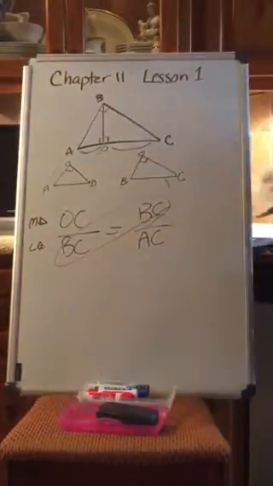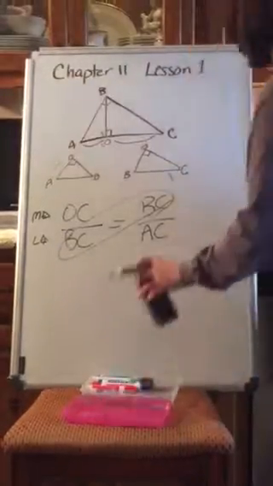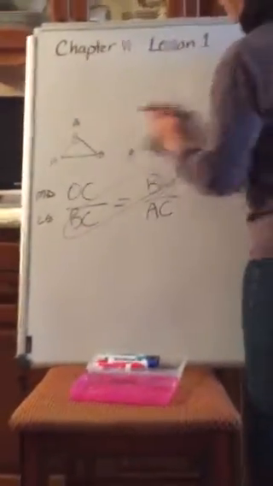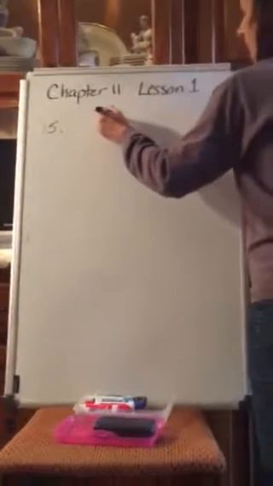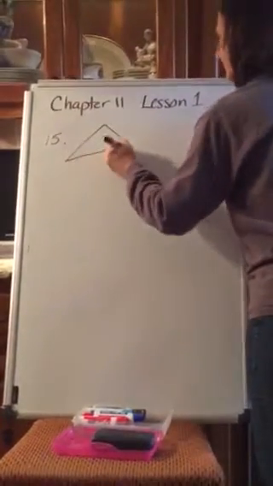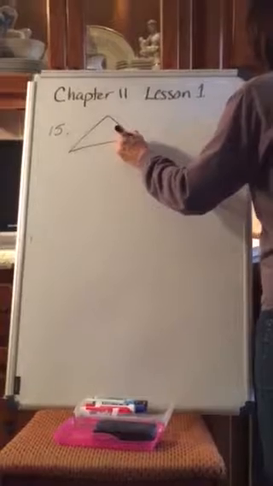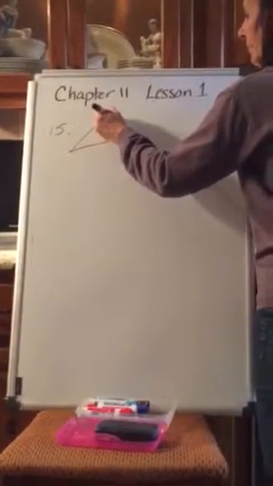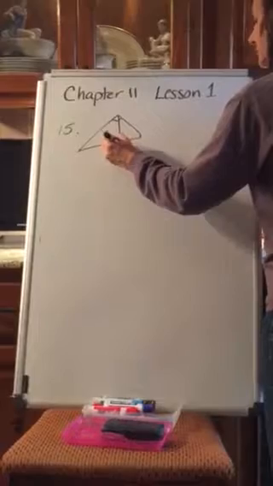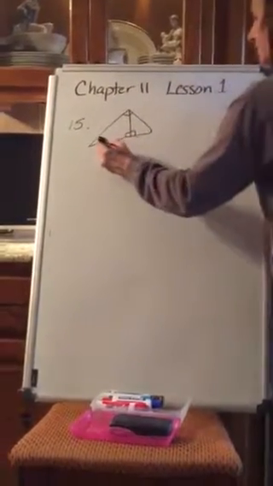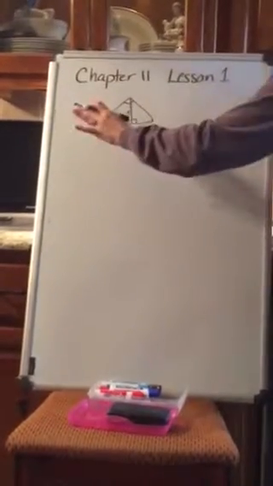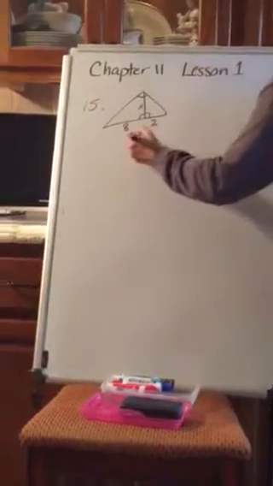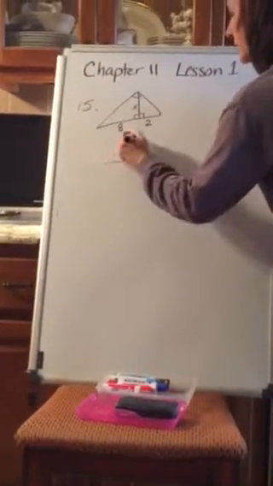Now I want to look at problem number 15 on page 431. It has a large triangle with the right angle, and then it has an altitude. This portion is 8, that is 2, this one is X. Now I'm going to break these two triangles apart so we can see them.